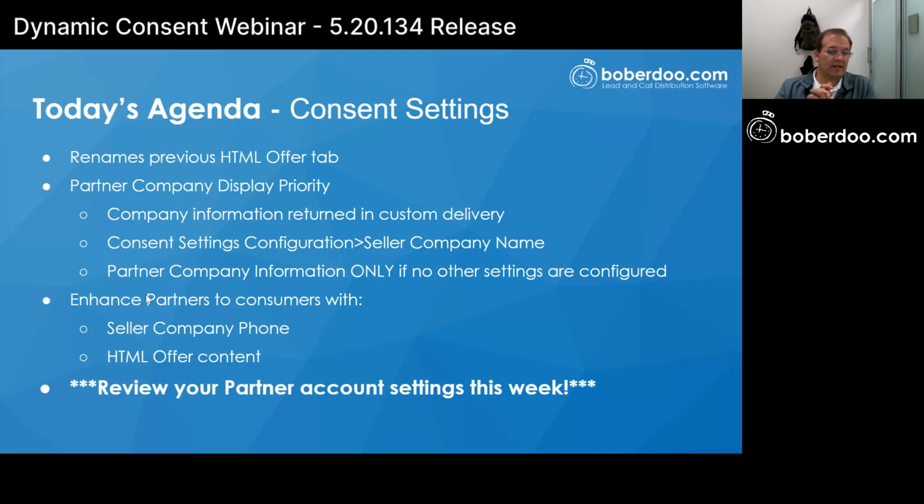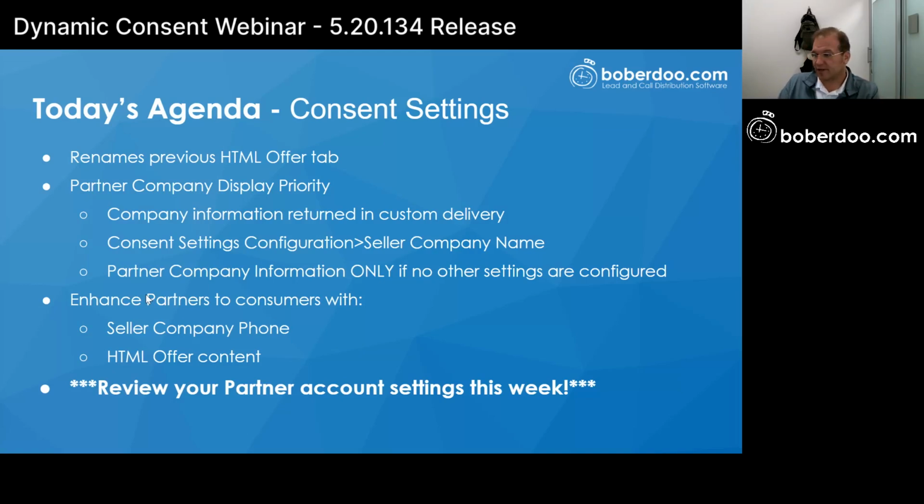We also have seller company phone and HTML offer, which can be populated and can then be used to enhance the offer. You've probably seen this in some of our previous webinars, so that you can return that information. In many cases, you may use that to try and monetize any research that a consumer may do.